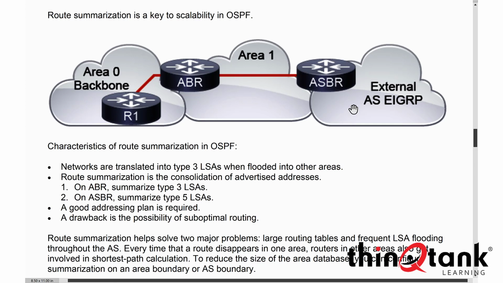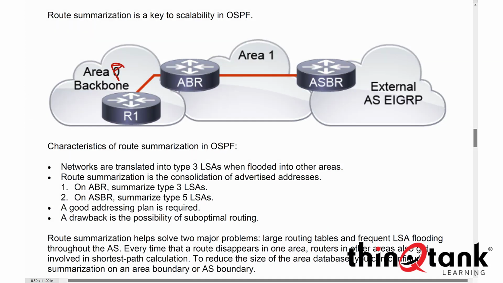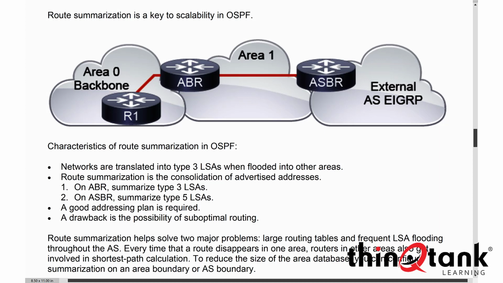As the third bullet point mentions, it is very, very important to have a good addressing plan. You don't want to have network A over here and network B over here and network C over here and network D over here and so on. You want to make sure that your network address space is contiguous.